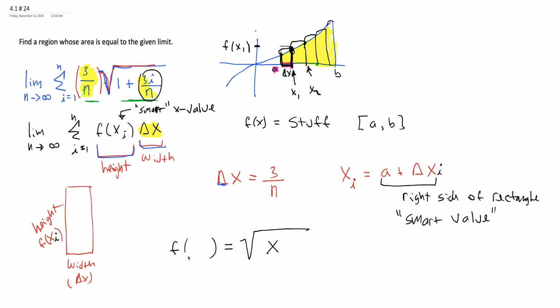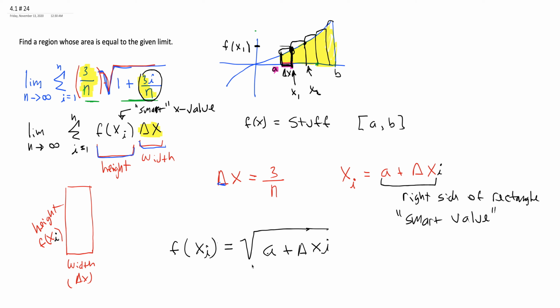If I'm going to do f of x sub i, it's going to be a plus delta x i.